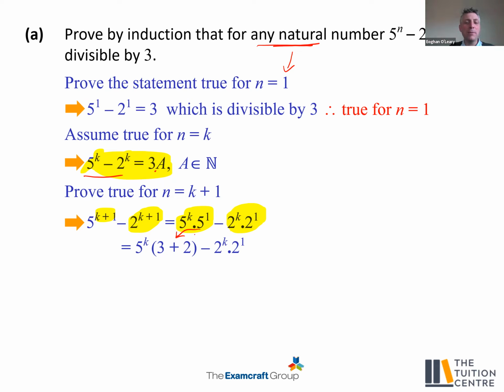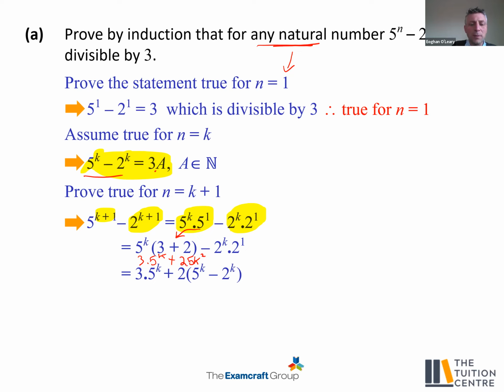In this case, we have to know that we split 5 into 3 plus 2. Why do I split 5 into 3 plus 2? The reason is because it's going to get us to our answer. When I multiply through, I get 3 times 5 to the power k plus 2 times 5 to the power k.